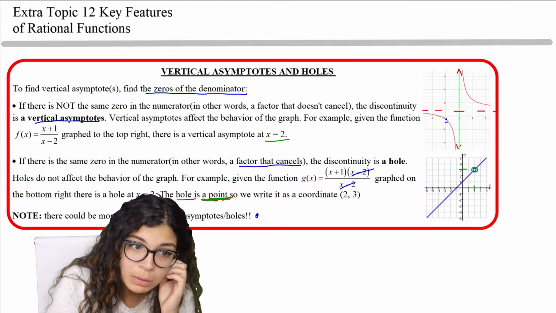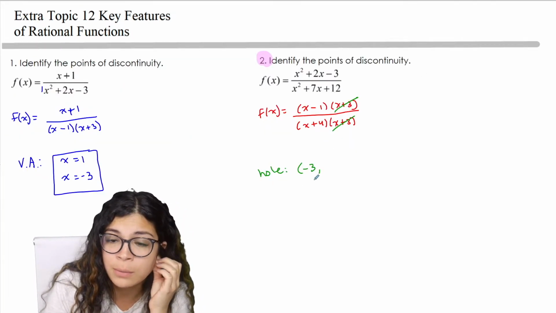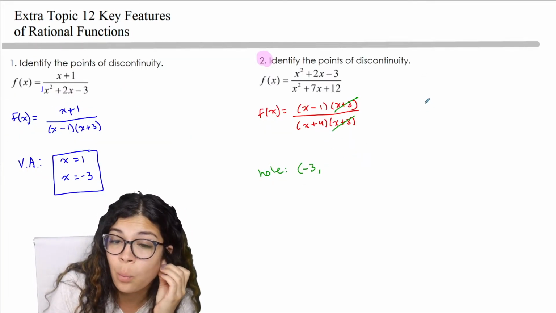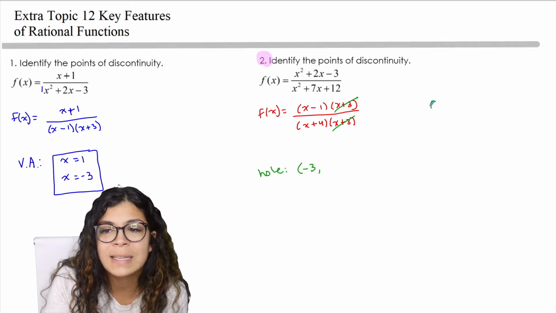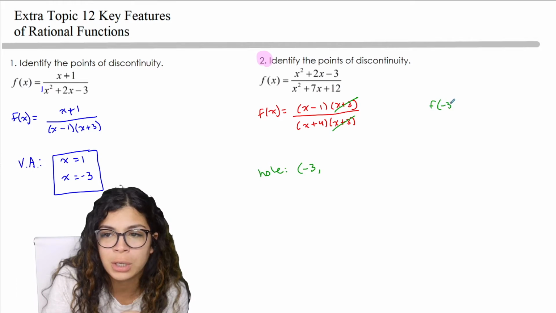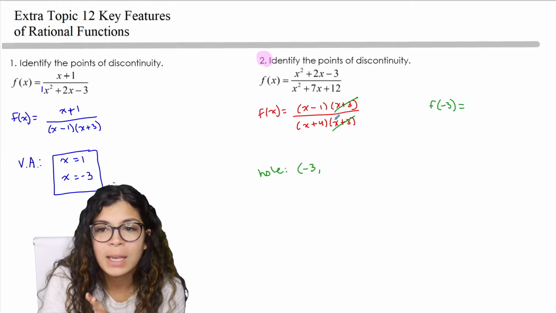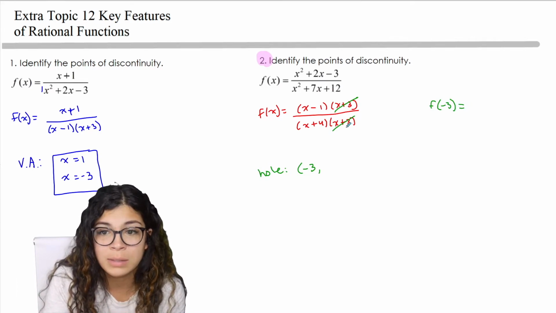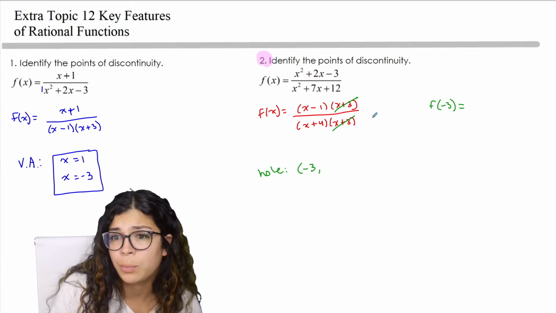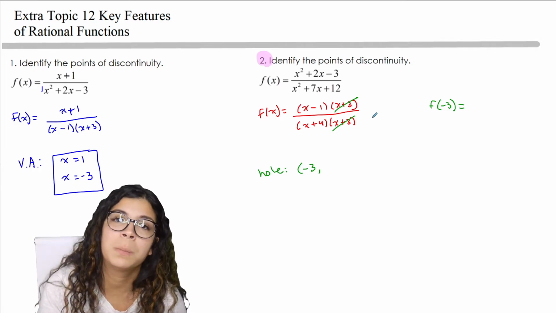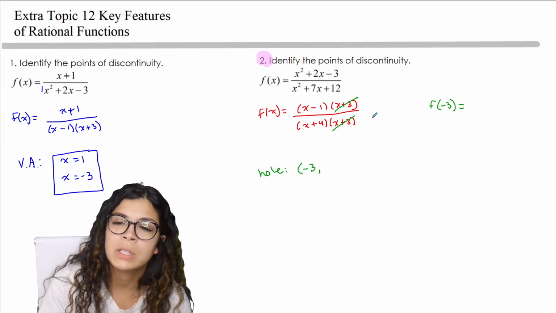So let's go ahead and find the y value. Now, a very important thing is when you're finding the y value of the hole, you have to use the simplified version of your function. If not, you're going to end up with 0, okay? Because it's a factor that cancels on the numerator and denominator, so obviously it makes both the numerator and the denominator 0.